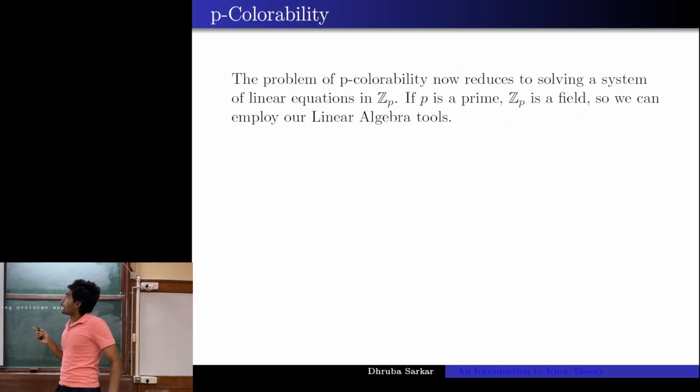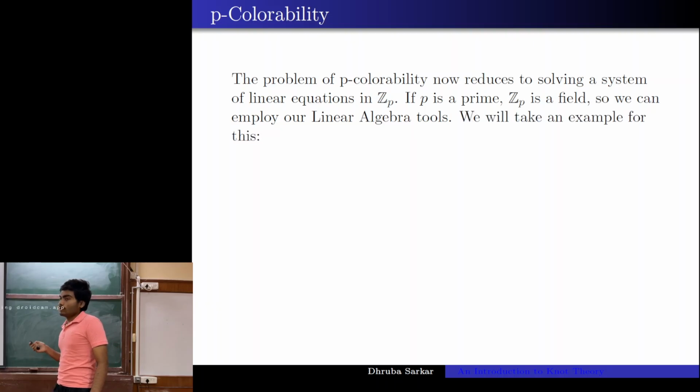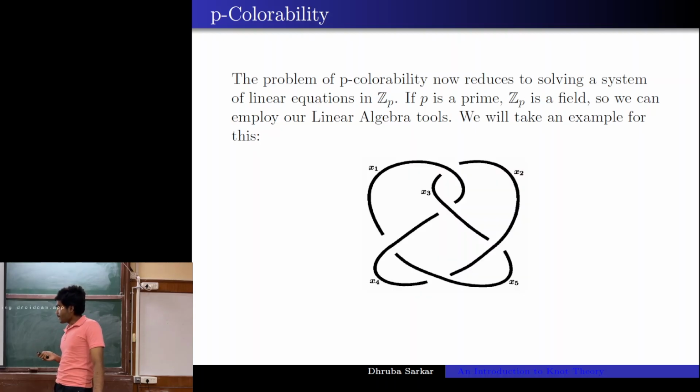And so this problem of p-colorability of a knot just reduces to solving a system of linear equations in Z_p. If p is a prime, Z_p is a field, so we can employ our usual linear algebra tools to solve it. Let's take an example.